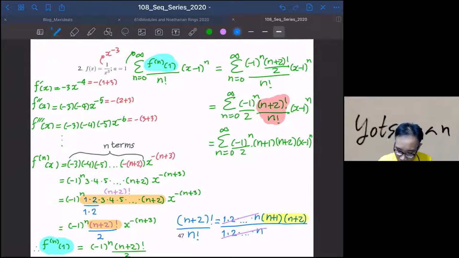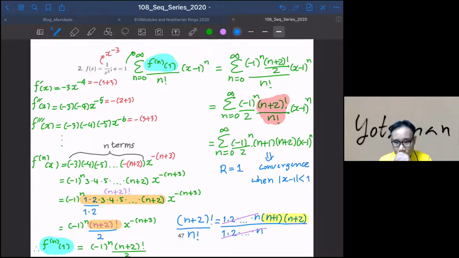The radius of convergence R will be equal to 1, and this series will be convergent when the absolute value of x minus 1 is smaller than 1.